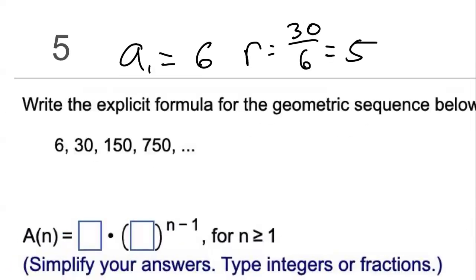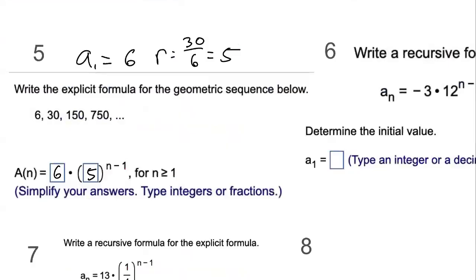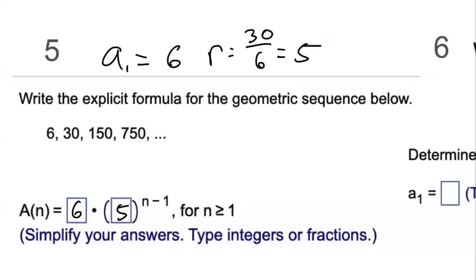So the explicit formula is a sub n equals 6 times 5 to the power of n minus 1, for n greater than or equal to 1. Pretty easy, not too difficult. We just had to put 6 and 5 inside the formula.